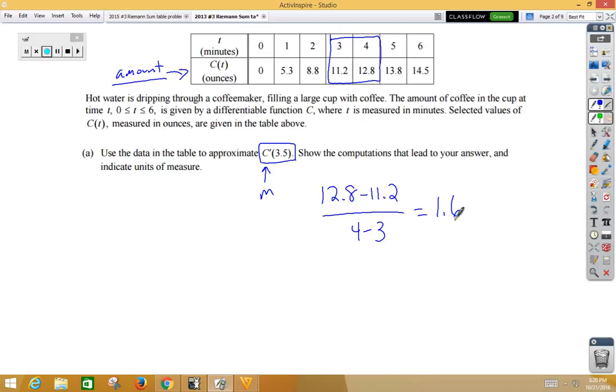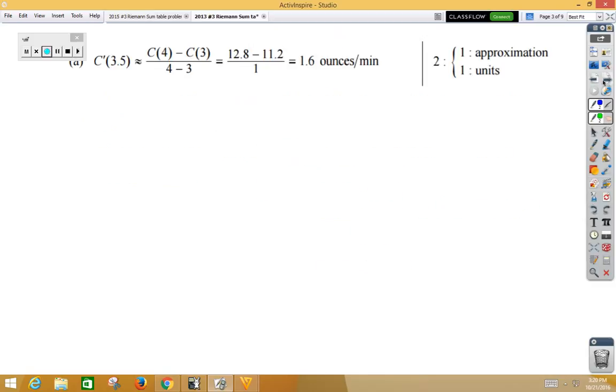They want us to show the computations, which we did here, and indicate the units of measure. So notice it's ounces per minute. And notice, again: computations, answer, units.